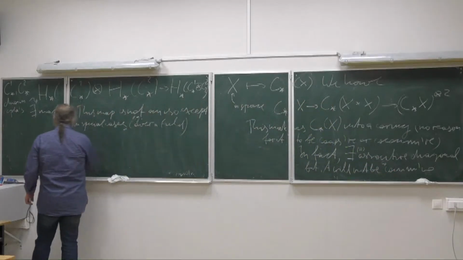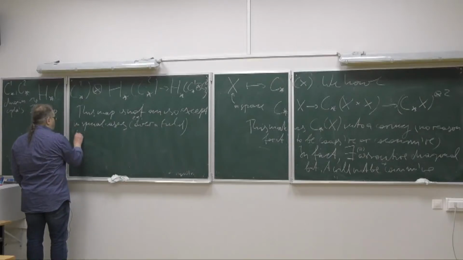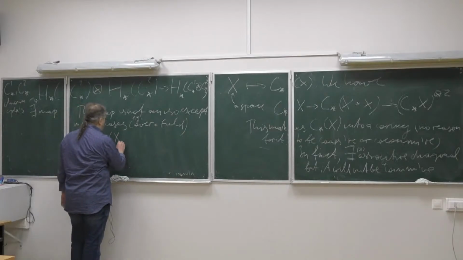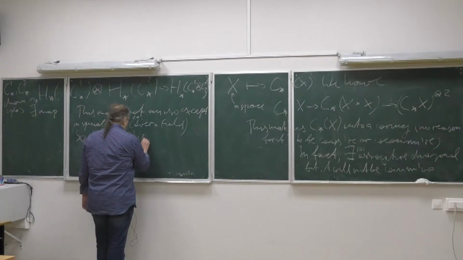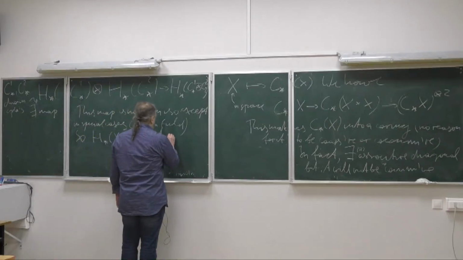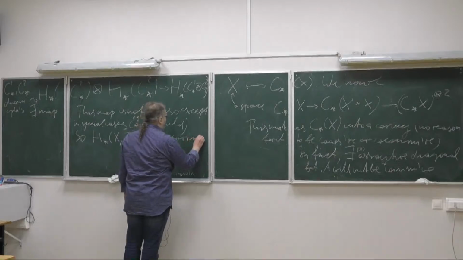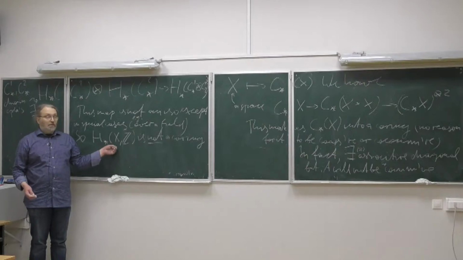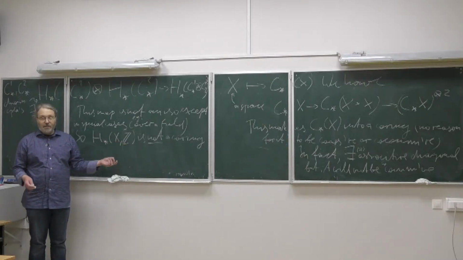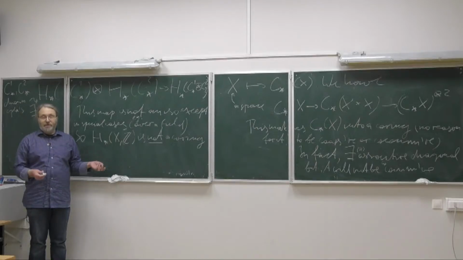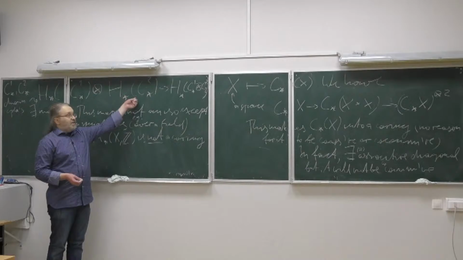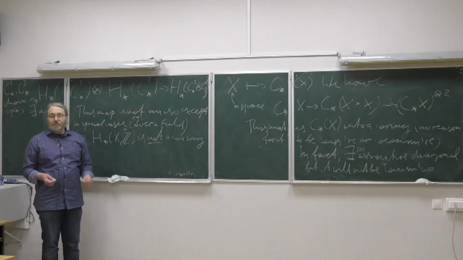So the homology of X with Z coefficients is not, in general, a co-ring in a sensible way, because this arrow goes in the wrong direction.